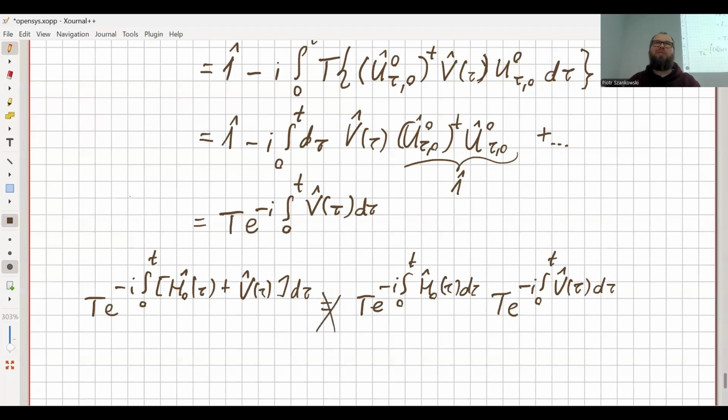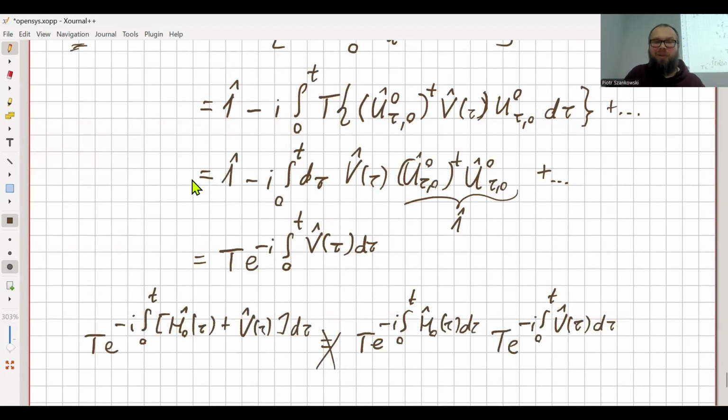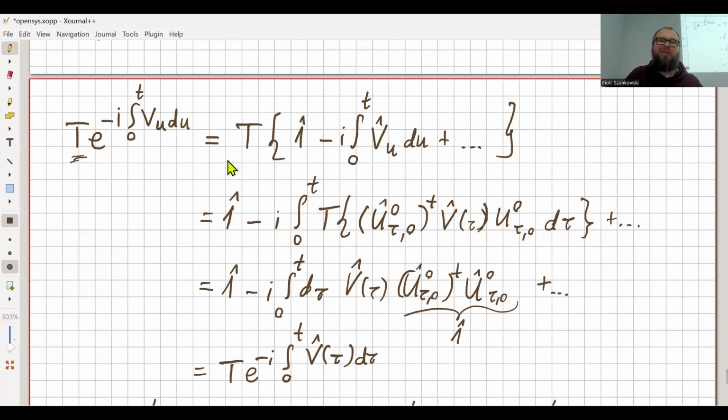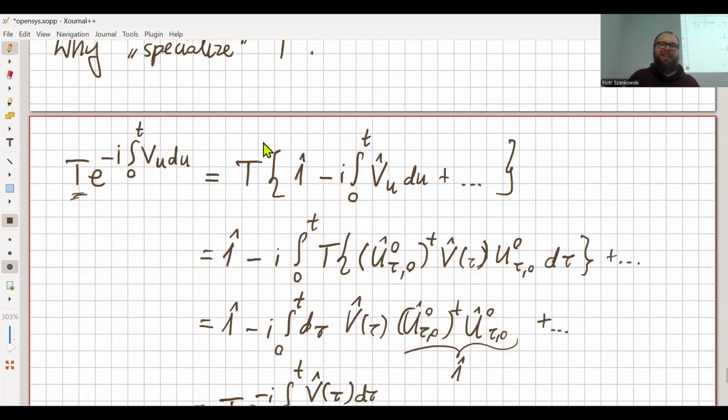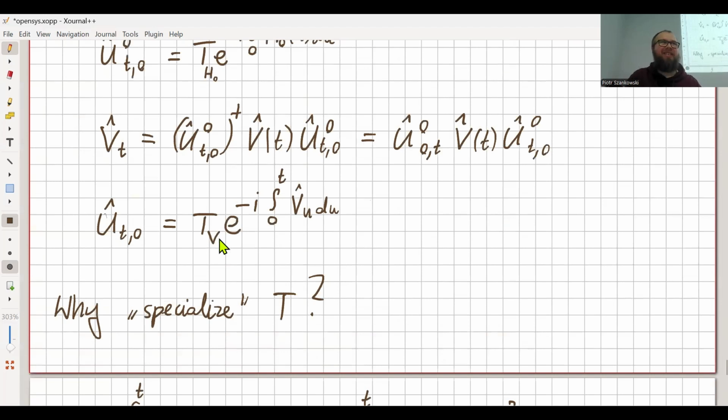This is wrong. It shouldn't be like that. That is a mistake. And what was the mistake? Well, the mistake was using a non-specialized T. It just confused us. We got inside interaction pictures of V, and we started to fiddle around with these innards. And that was a mistake. That's why we need this index here to avoid this kind of confusion.